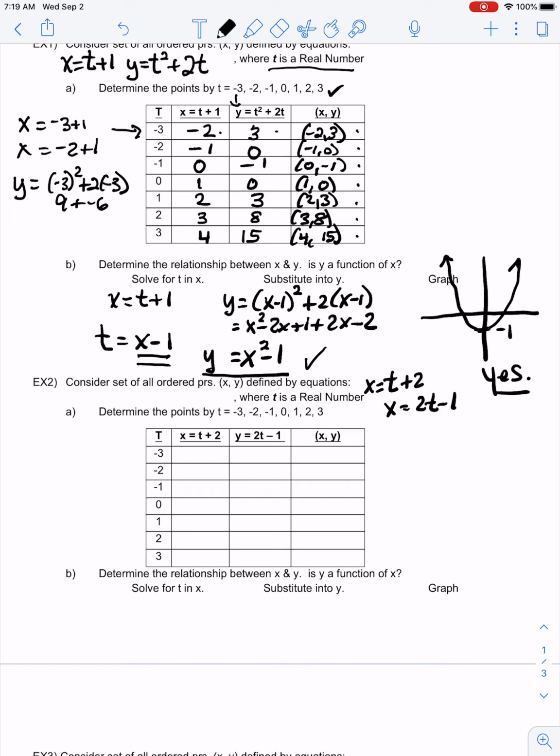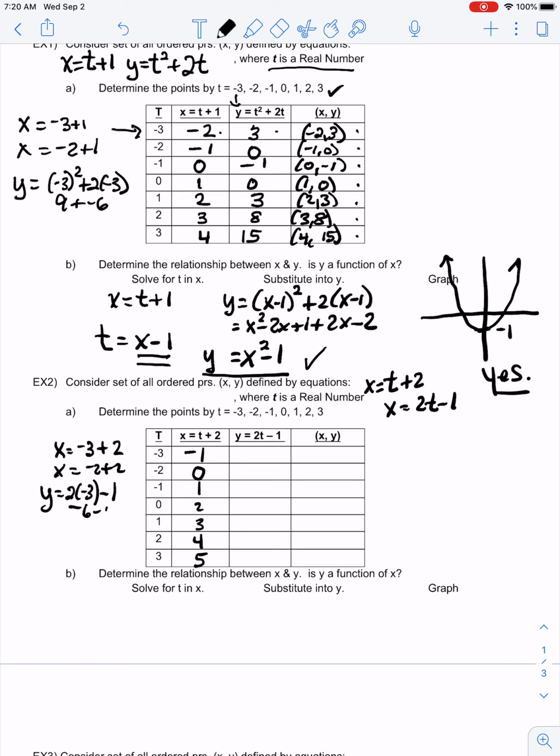So again, we're going to plug the t values in to calculate your x and your y. Okay, so first, -3 plus 2 is going to give you a -1. Okay, the next one, -2 plus 2, you get 0. Okay, and then I think from there you could figure those out, filling in the table. Then repeat, do the same thing for y. So like 2 times -3 minus 1.